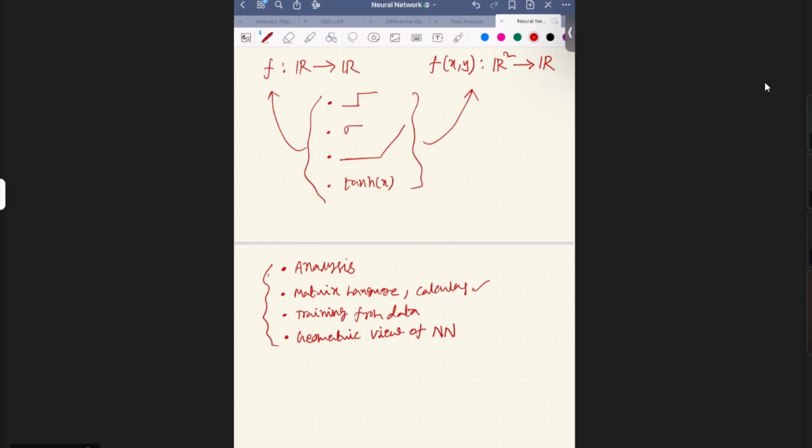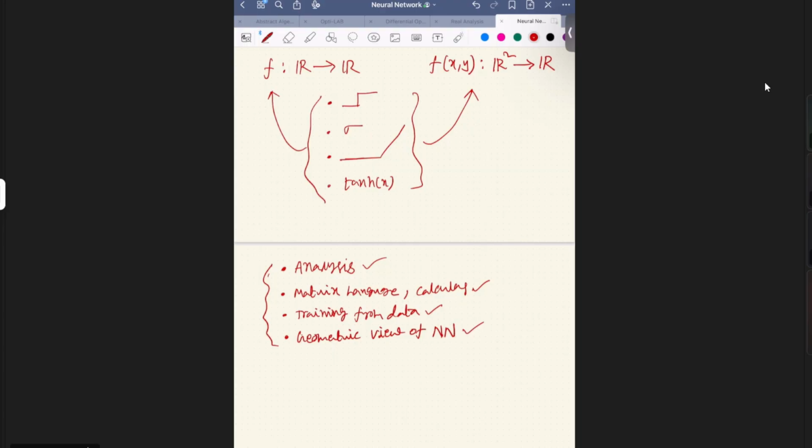We have to apply some kind of numerical methods. Those will be possible only through the language of matrices and calculus derivatives, and the training point of view and the geometric point of view. These are the four ways of looking at the same thing, the neural network.